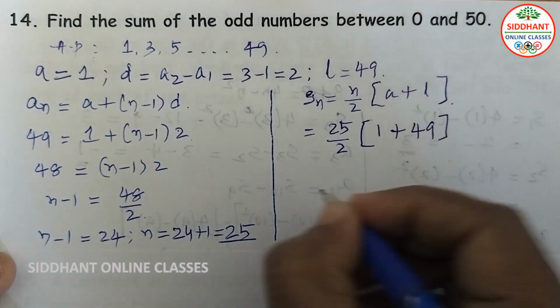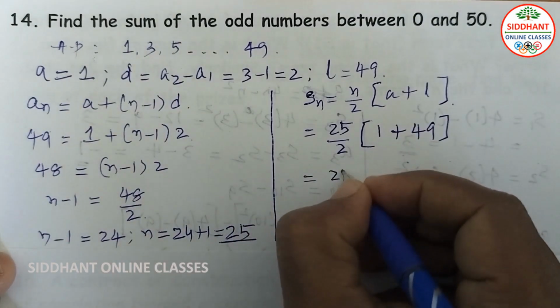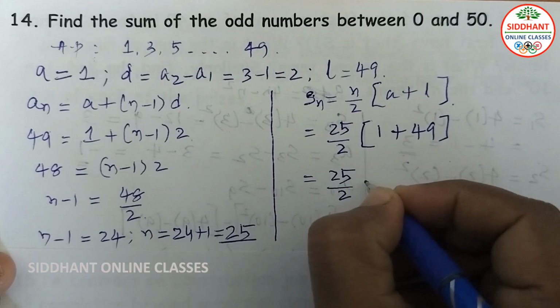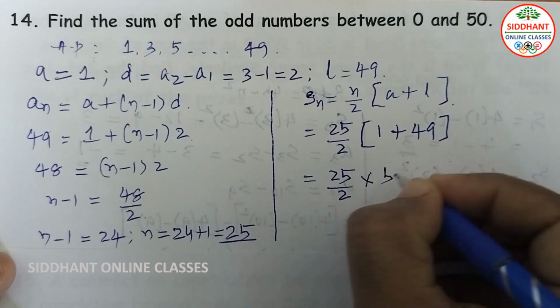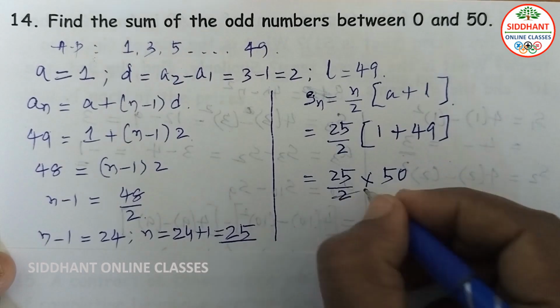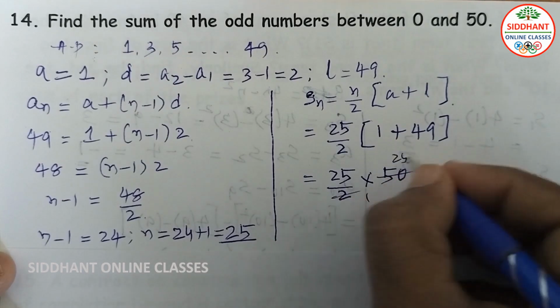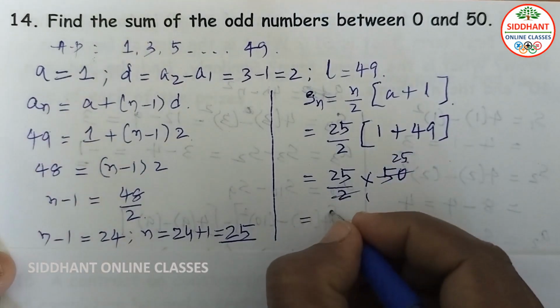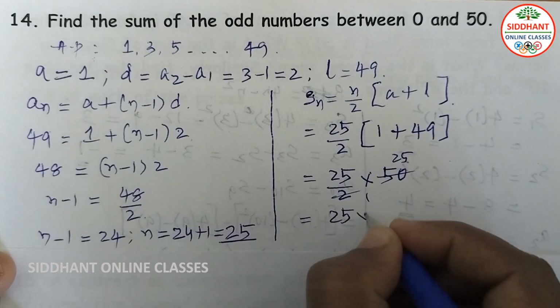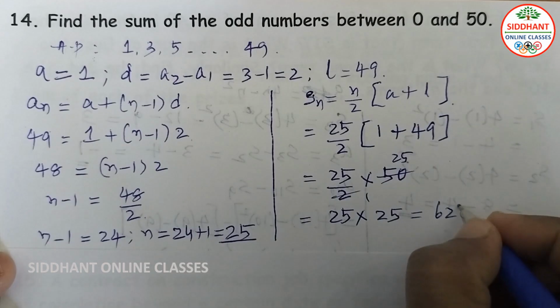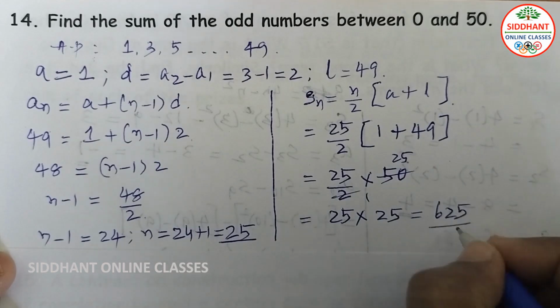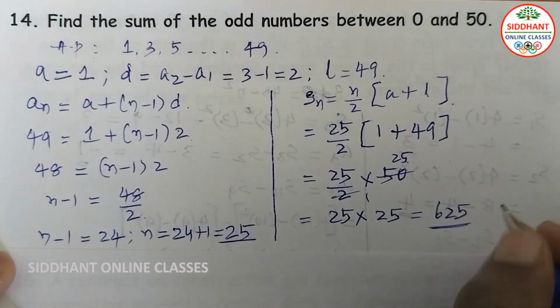So that equal to 25 by 2 into 49 plus 1, which is 50. So 2 into 25 cancels, that equal to 25 into 25, that equal to 625. So this is the sum of odd numbers between 0 and 50.